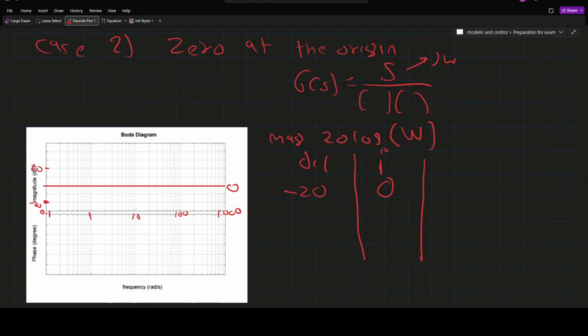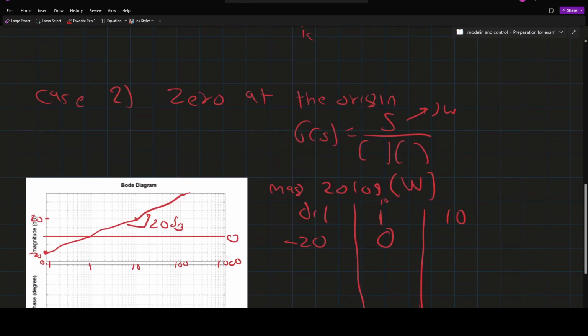That makes sense, so we are going to have something like this. And what's going to happen at 10? We're going to have 20. If you see, this is just going to keep going like this with a slope of 20 dB.